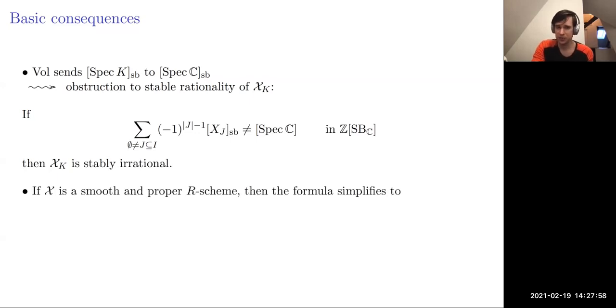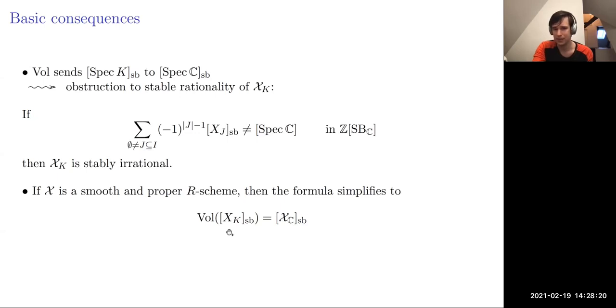And even in the case where you don't have many components, this is a remarkable theorem, because if you have a smooth family over R, then this alternating sum basically just reduces to the special fiber itself.